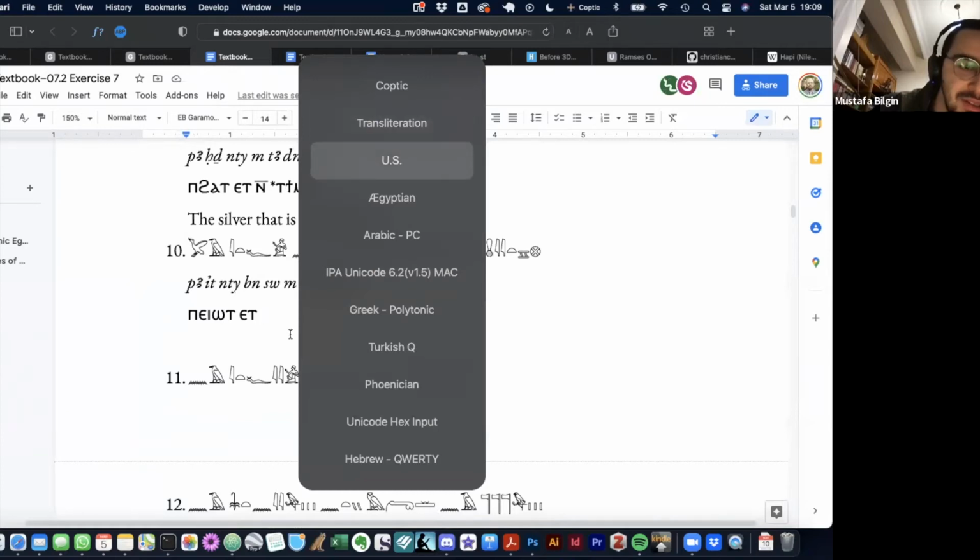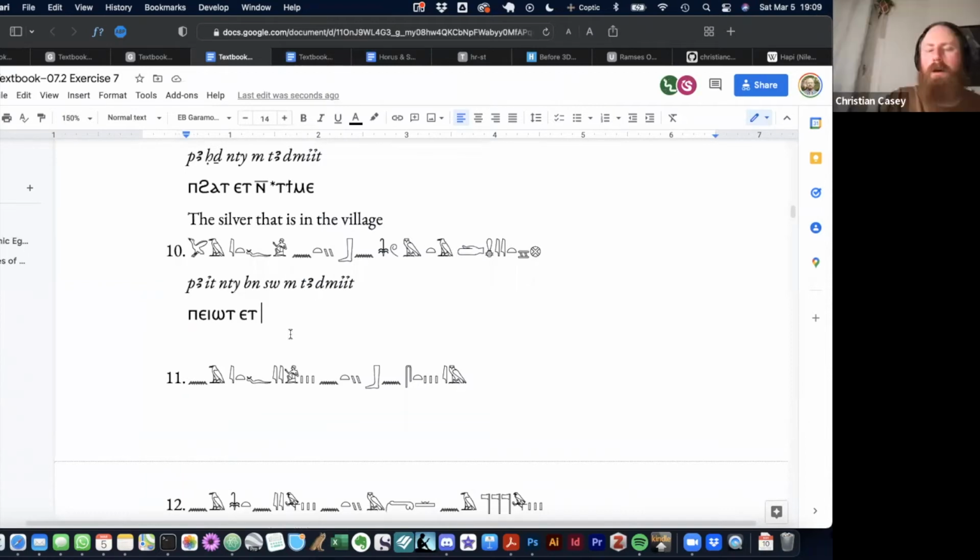We would expect an on in Coptic. Late Egyptian usually doesn't have it, but we'll need it for Coptic. Yeah. Payot et.